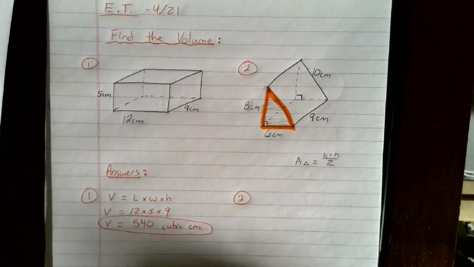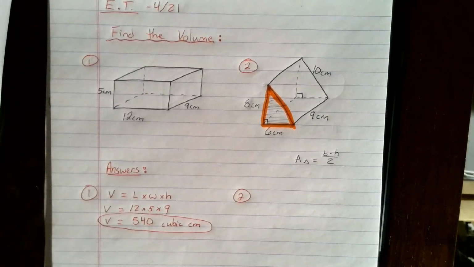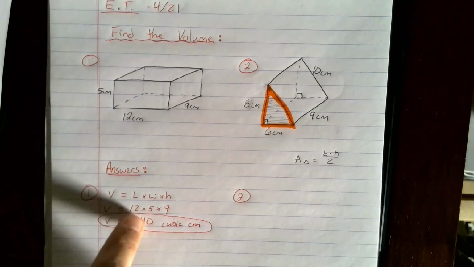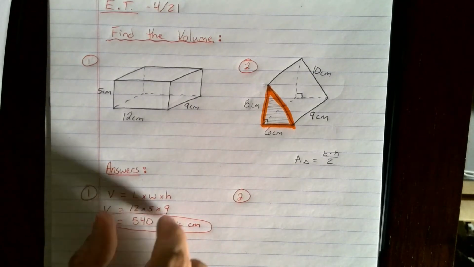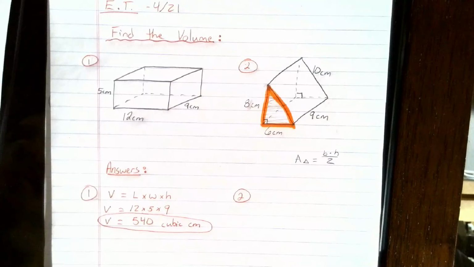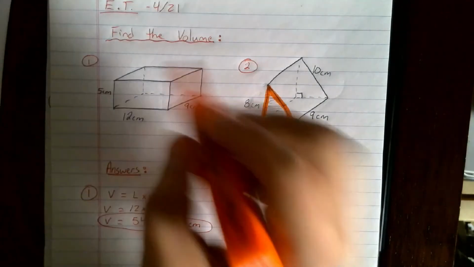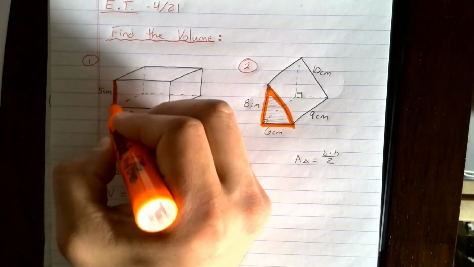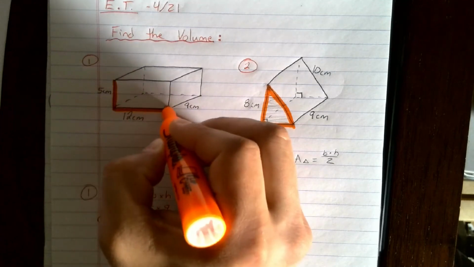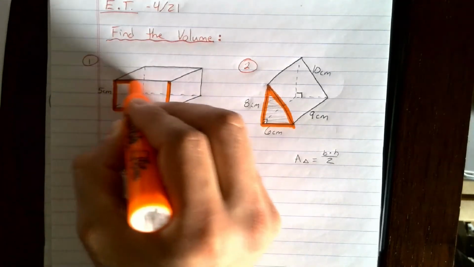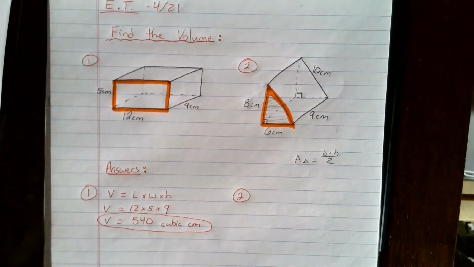Okay? Now, before I go over the answer to number 2, I just want to show you that this is really the same. You can use the same logic on number 1 as you can number 2. In fact, if I highlight this front rectangle in orange, okay, you can see that that's a 12 by 5 rectangle. Okay, that's like a sheet of paper right there.